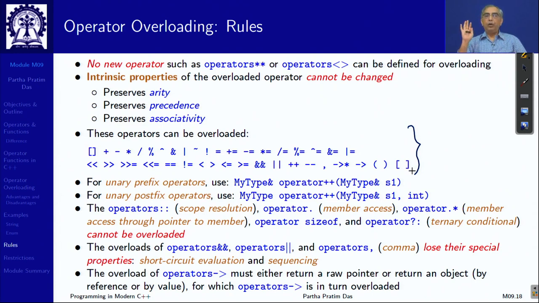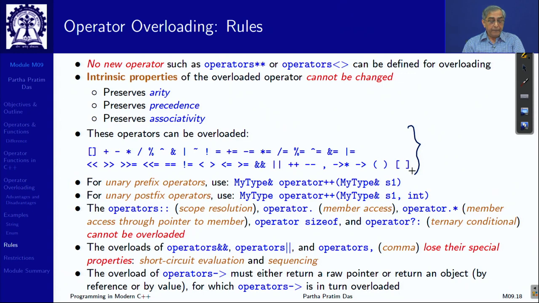All these operators can be overloaded. You can see there is a huge number of them. So addition, subtraction, multiplication, division, modulus, all of these can be overloaded. Less than, greater than, all binary stuff can be overloaded, assignment can be overloaded, your pointers can be overloaded and so on.